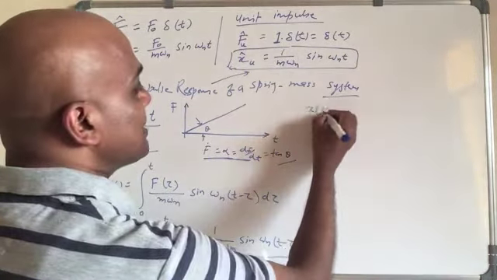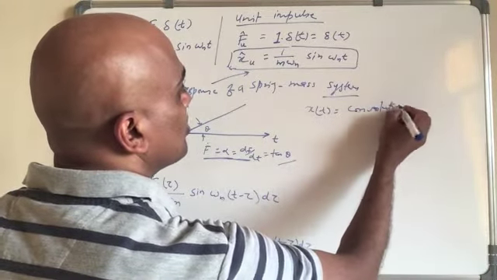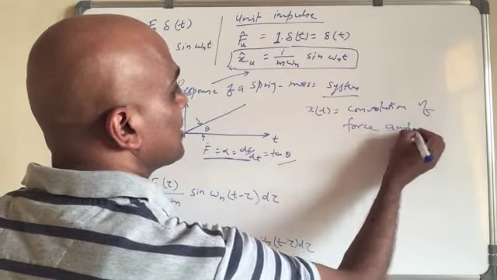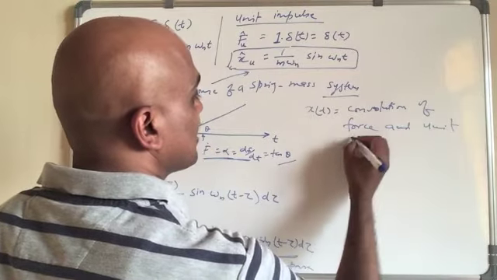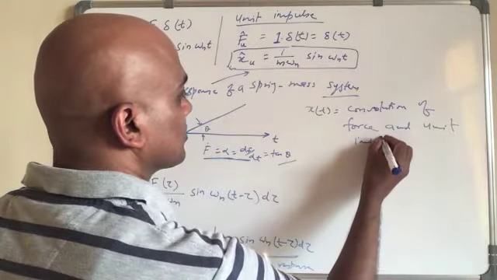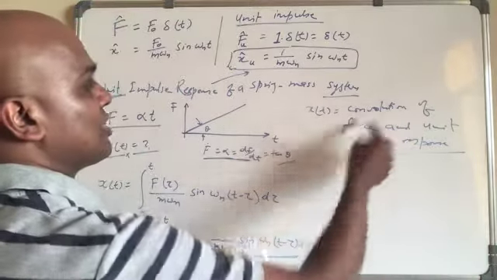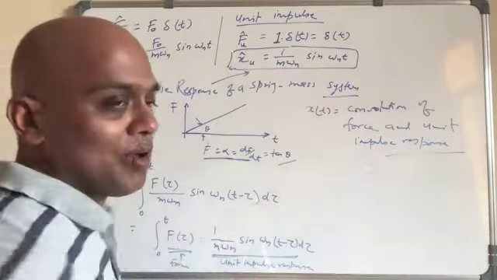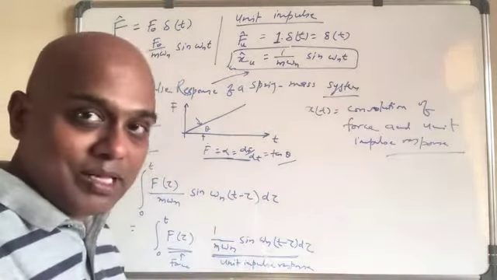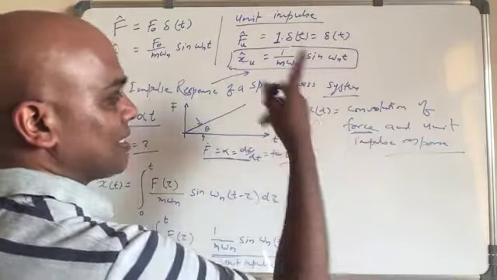So that means x(t) is a convolution of force and unit impulse response. As simple as that. If you know the displacement because of a unit impulse, then you convolve it with the expression for the force itself, and you get x(t).